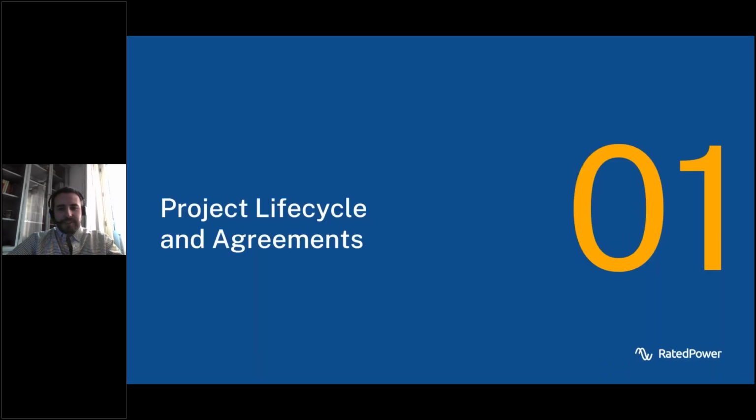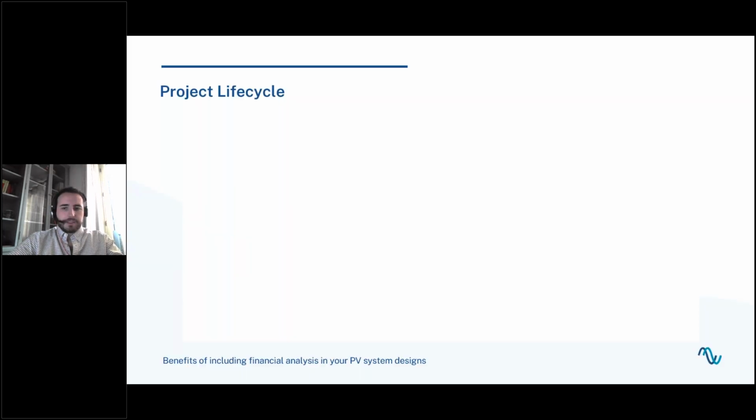Okay, let's start now with the webinar, project life cycle and agreements. Okay, the typical PV power plant development may take anywhere from 3 to 15 years, okay?